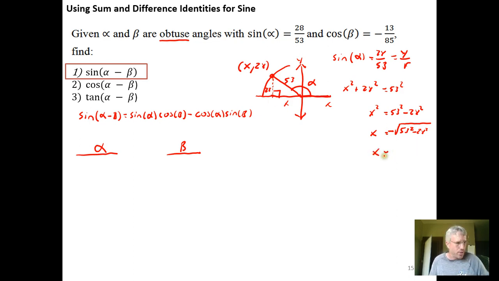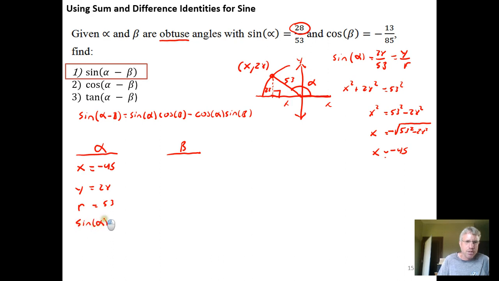And if we crunch this in a calculator, this is going to kick out a negative 45. So the x-coordinate's negative 45. So right now I know everything about alpha that I need to know. I know that x is equal to negative 45, the y value is 28, and the radius r is 53, which means I can calculate the sine of alpha, which is just the y-coordinate over the radius.